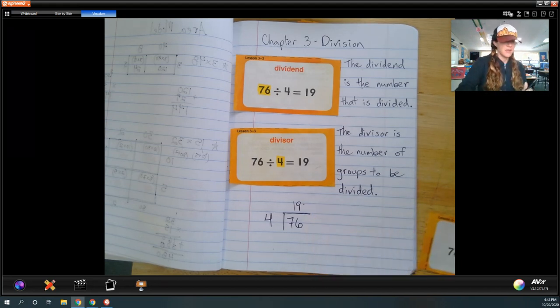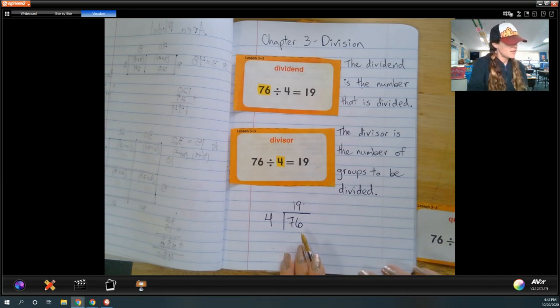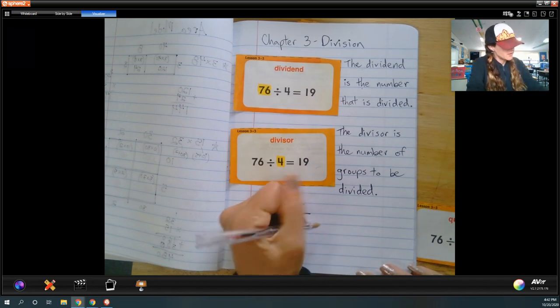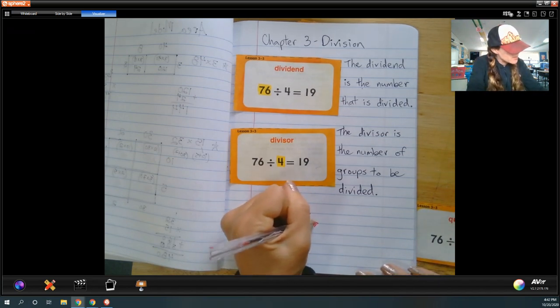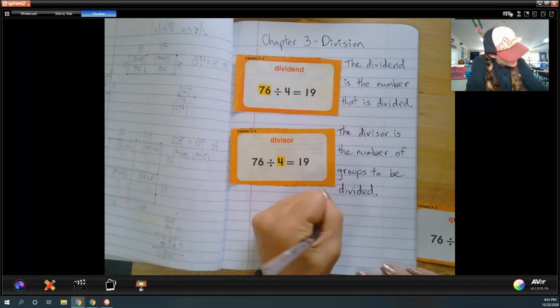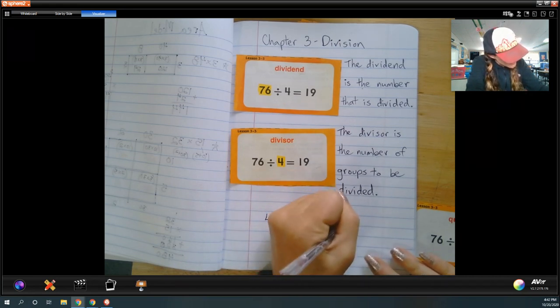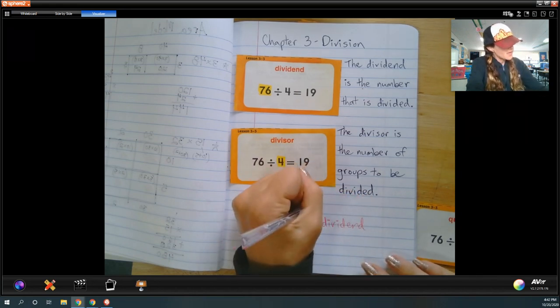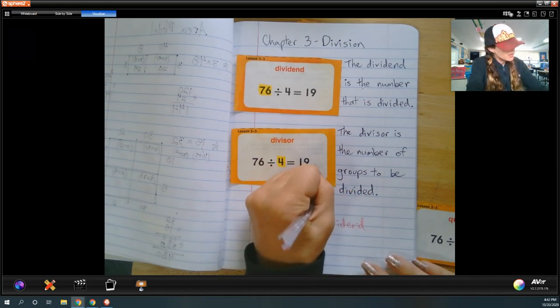So I'm going to make little notes of this. The 76 is the dividend, so I'm going to do a little arrow like this and write the word dividend. The 19 is our answer, the quotient.